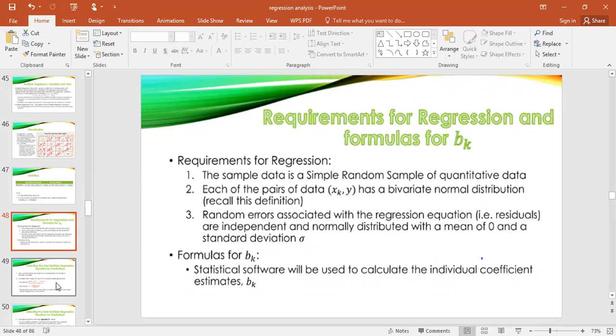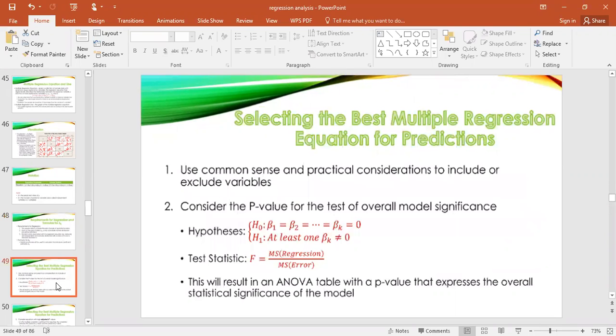Formulas for bk. Statistical software will be used to calculate the individual coefficient estimates bk. Selecting the best multiple regression equation for prediction. Use common sense and practical considerations to include or exclude variables. Consider the p-values for the test of overall model significance. Hypothesis.